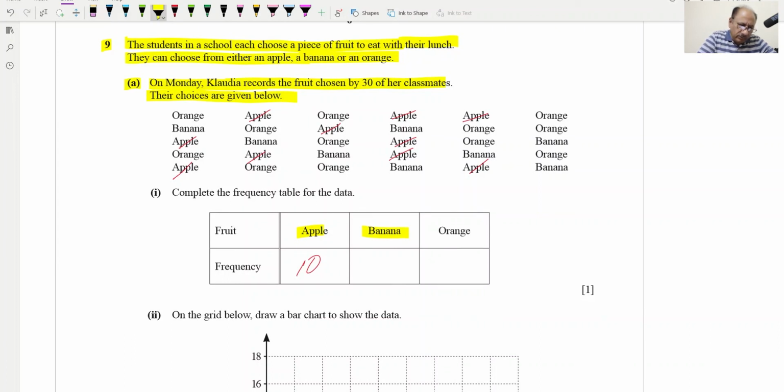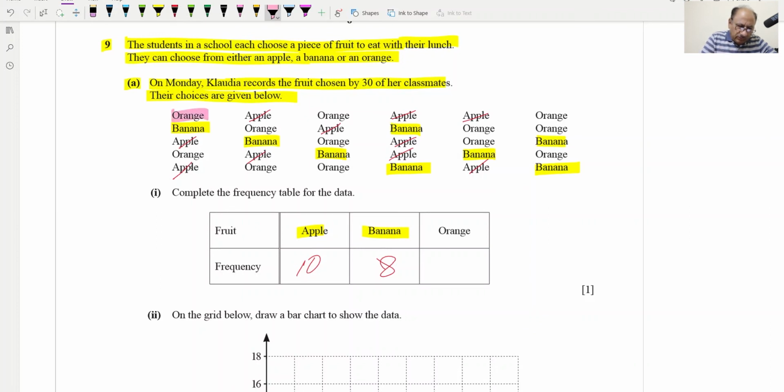So bananas are 1, 2, 3, 4, 5, 6, 7, and 8. So 8 are bananas, so we can write here 8. And for oranges, we can check how many there are.